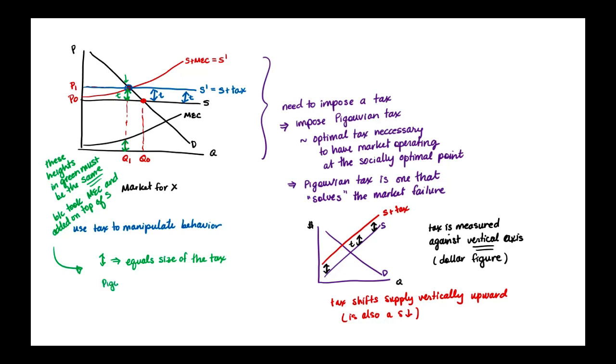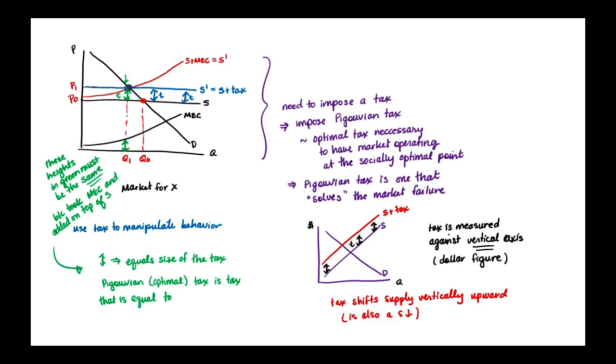The Pigouvian tax, or the optimal tax, is a tax that is equal to what? Take a look at that for a second. By definition, the Pigouvian tax has to be a tax exactly equal to what?